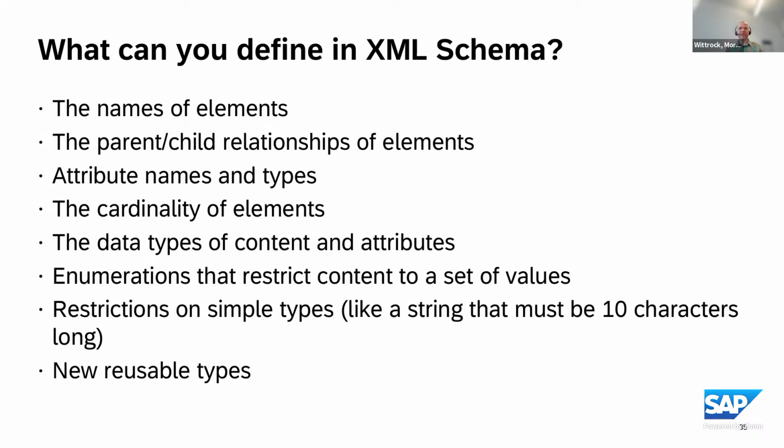Data types of the content and attributes, stuff like enumerations that restrict your content to a specific set of values. Also restrictions on the simple types, so you can have a string that must be 10 characters long, or it must have a specific pattern that makes it look like a phone number, for instance, like a regular expression. And you can create your own types as well. You can reuse them in your schemas.